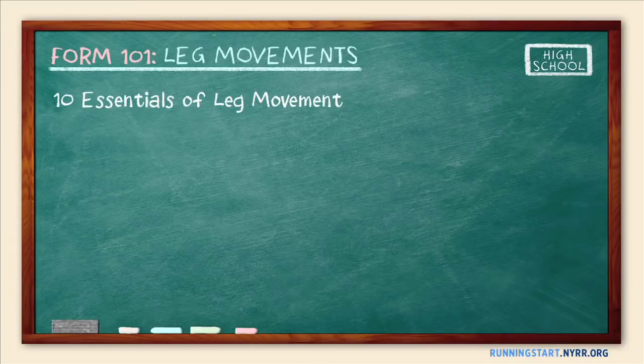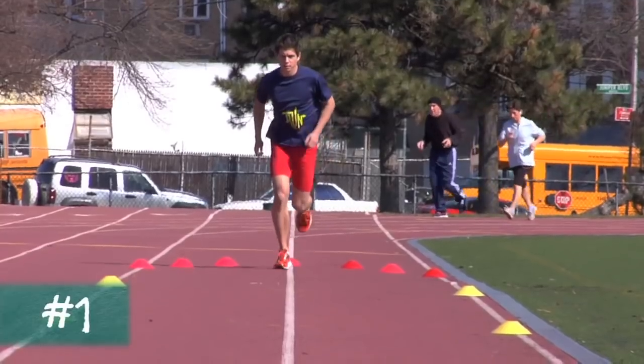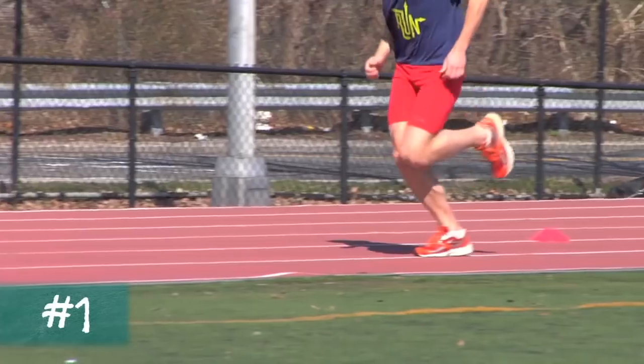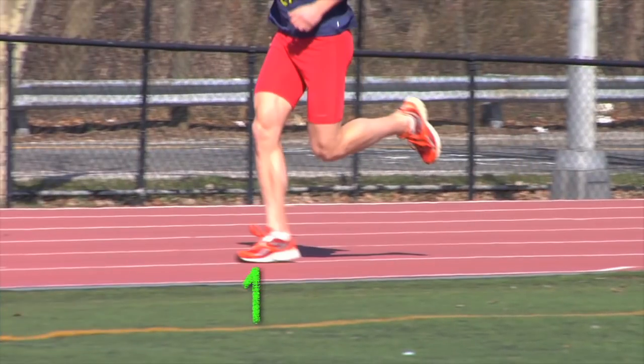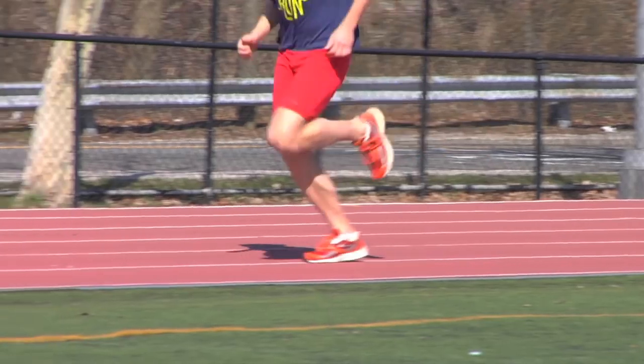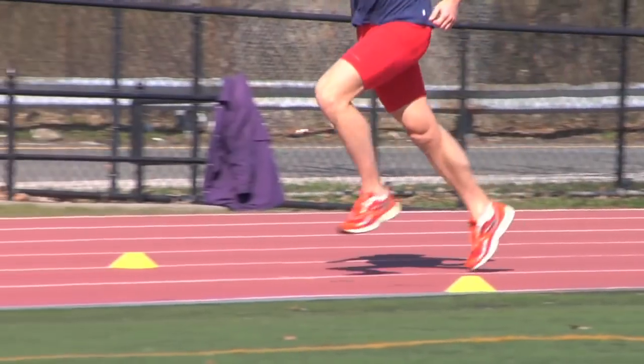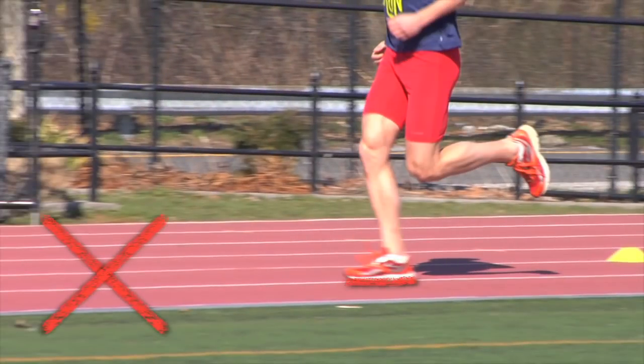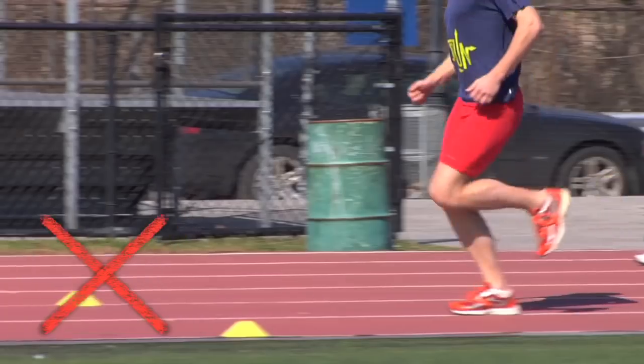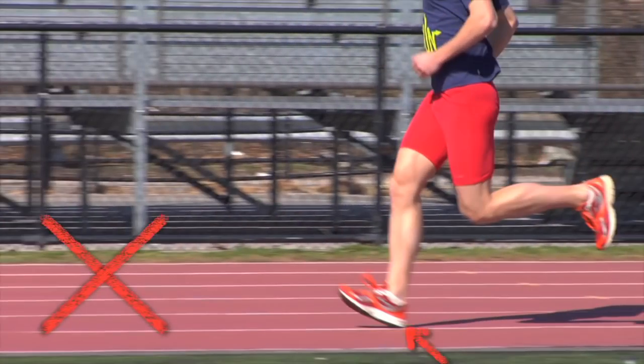Then check out the activity segments in a running start for exercises that will help runners incorporate these essentials into their stride. First, runners should take off and land on either the midfoot or the forefoot, also known as the ball of the foot. Many runners land either flat-footed or on their heels.